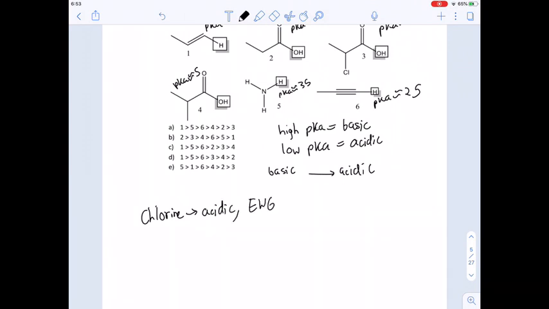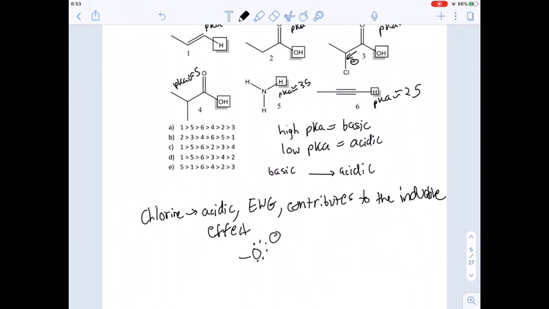So when you're thinking about these, the difference between them is that chlorine is electron withdrawing, and contributes to the inductive effect because it is withdrawing electrons towards itself. Okay?